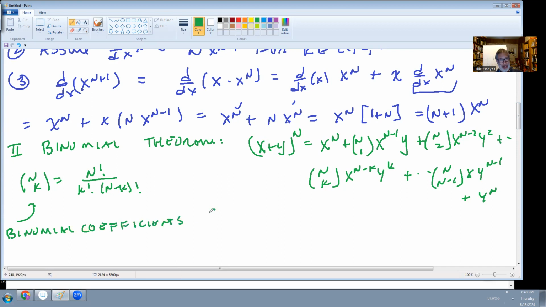And your calculators will sometimes have it as nCr, or maybe like that. Basically what this represents is, if you have n objects and you want to select k of them, let's say you have a class of 20 students and you want a committee of 3, the number of ways you can choose that committee is 20 choose 3, which is 20 factorial divided by 3 factorial times 17 factorial. So that's what that is.